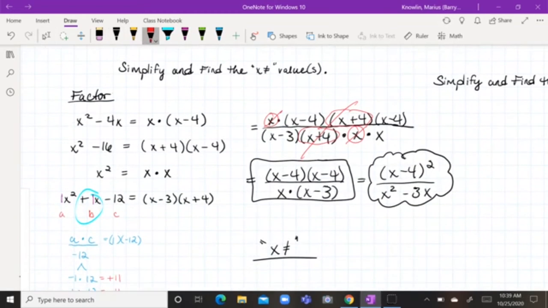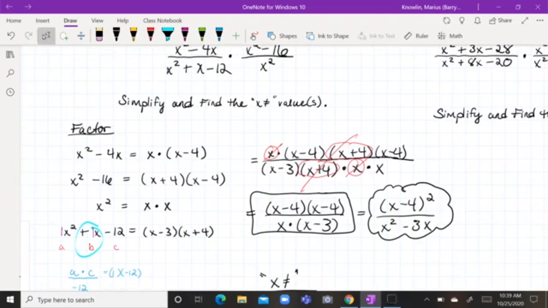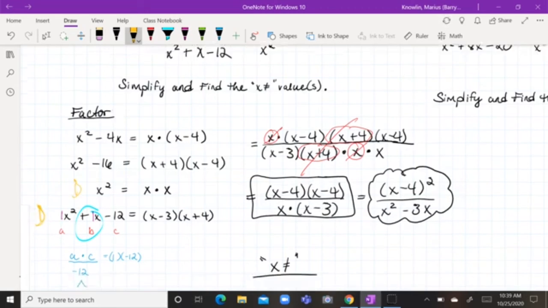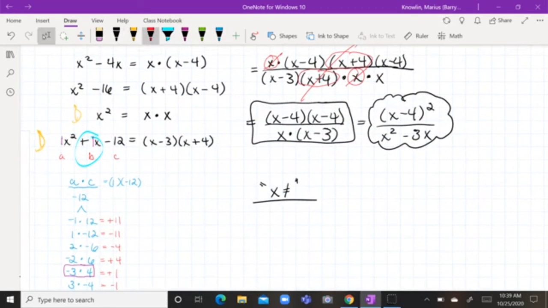So if I come back over here and use a different color, this was a denominator, and the x squared was a denominator. So we want to take a look at both of those, and what happens when we set them equal to 0. So x squared plus x minus 12 equals 0, and then we just want to set x squared equal to 0. These are both of the denominators.